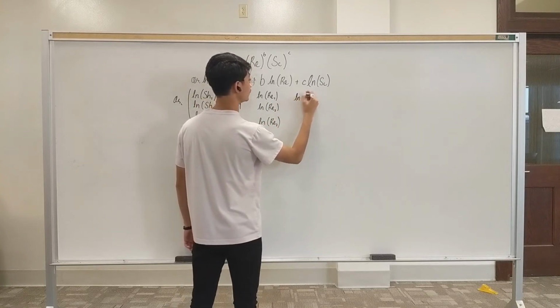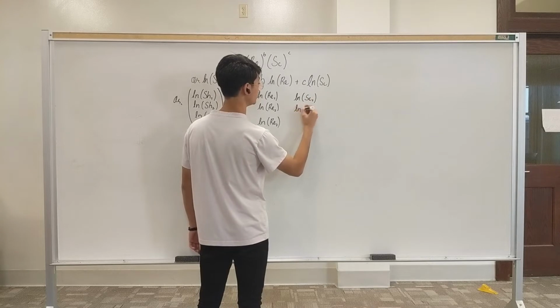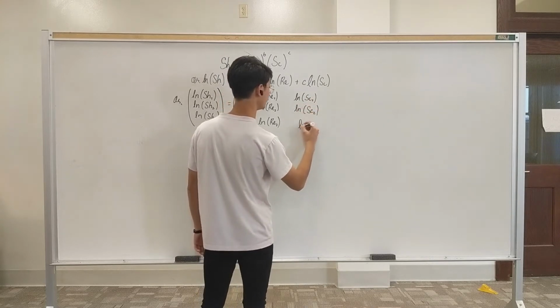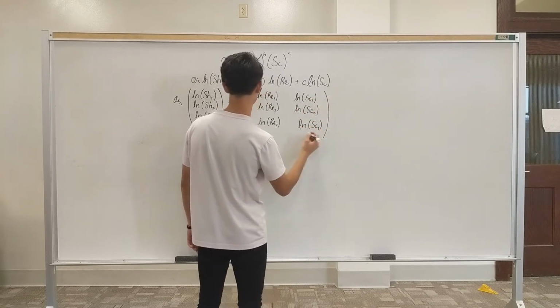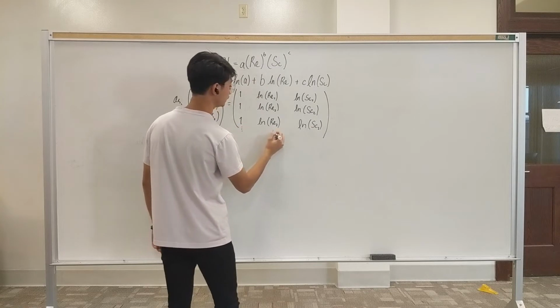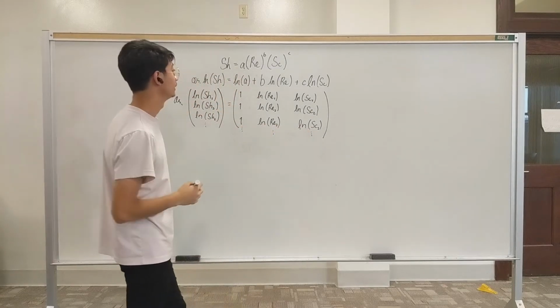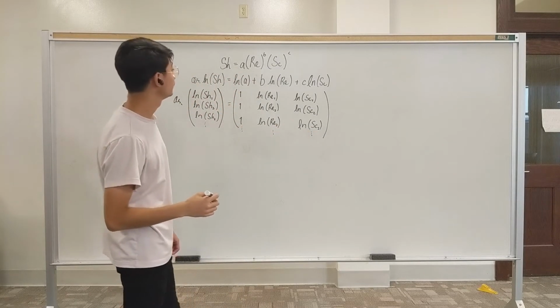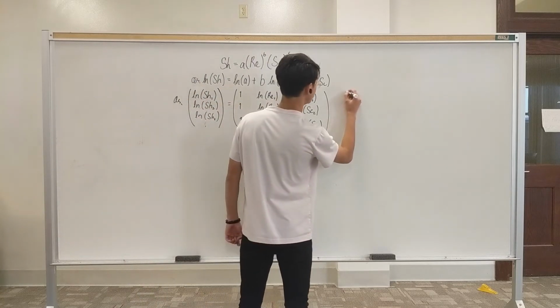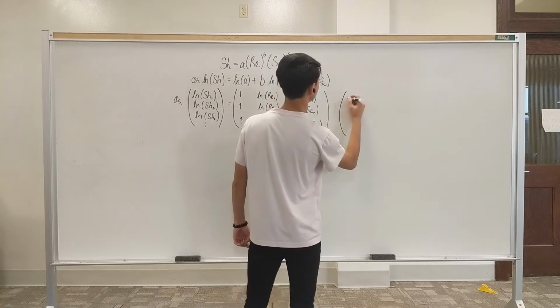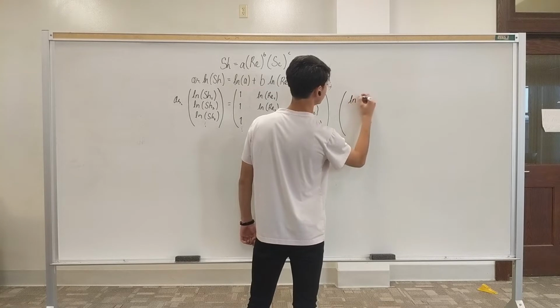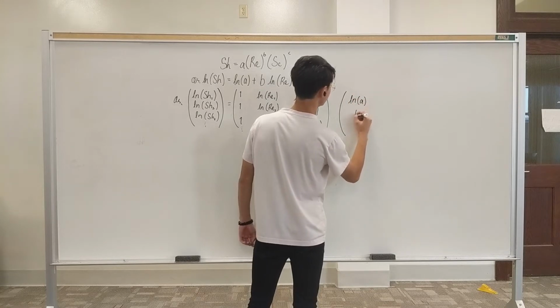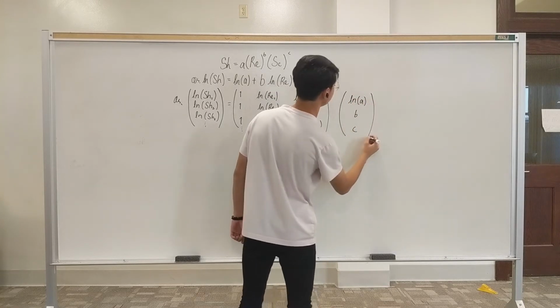Similarly, it's the natural log of Schmidt number 1, the natural log of Schmidt number 2, and the natural log of Schmidt number 3. And this keeps going on until 100 values have been done. And then finally, we have the natural log of A, then B, and then C.